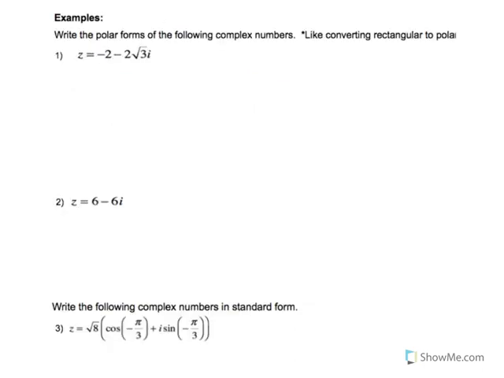So first thing we're going to do is take the rectangular complex number and change it over into polar form. It's like converting rectangular to polar points. So when we're doing this, we're going to want to determine the quadrant, and when you're thinking about the quadrant, think about how you would plot this or write this as a point.